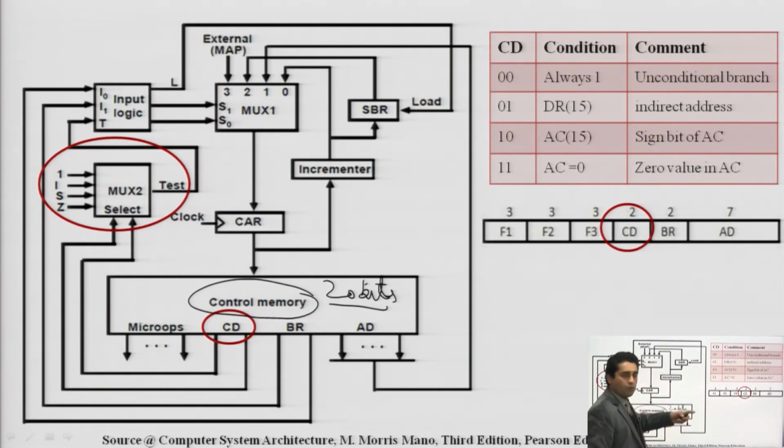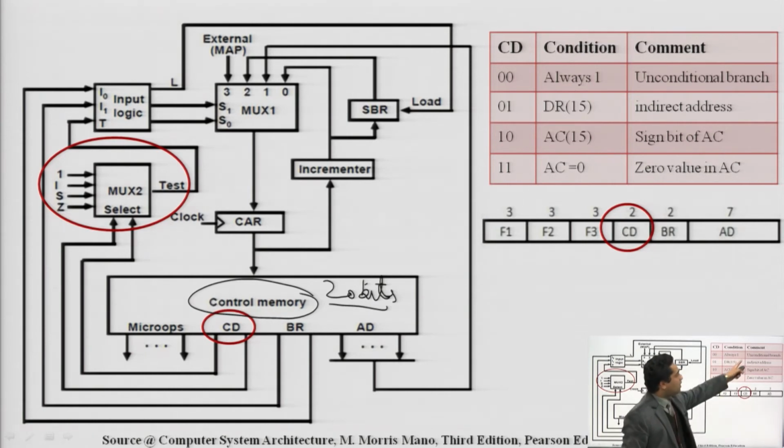Now, what is the working based on the condition? What are the conditions? The condition is of 2 bits. So 2 bits means 4 combinations, and the combinations are very simple: 0 0, 0 1, 1 0 or 1 1. If my combination is 0 0, then it is unconditional branching. Generally, it is the initiation of the instruction.